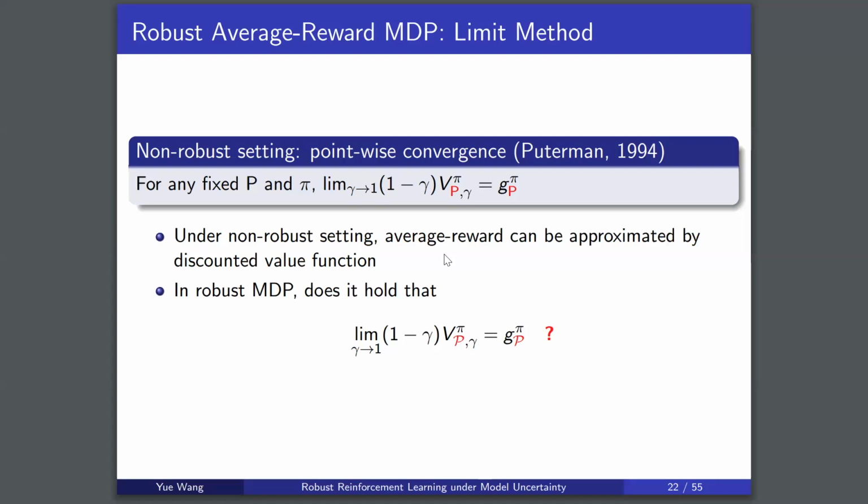Let's say we first have p1. This convergence rate is like rate 1. And for another fixed kernel p2, it has a convergence rate, rate 2. So the uniform convergence basically means that rate 1 and rate 2 are similar, and it's uniform among this uncertainty set and the policy space.